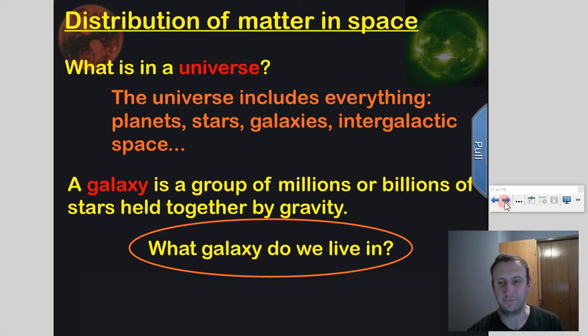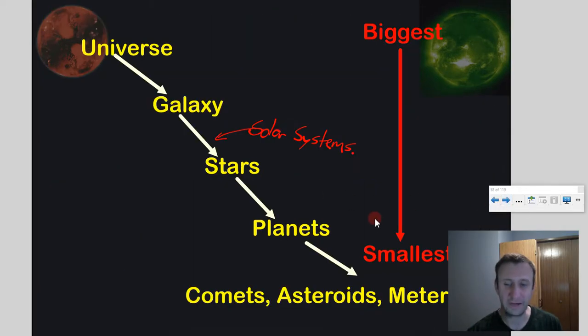All right, so let's talk about where everything fits in. Biggest is obviously the universe, because that includes everything. Then from there we have galaxies, which are millions and billions of stars and solar systems clumped together. Then we have solar systems, smaller than galaxies.